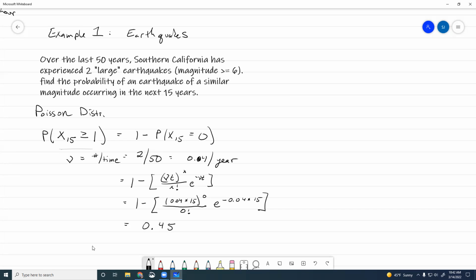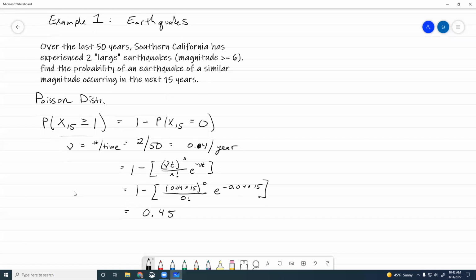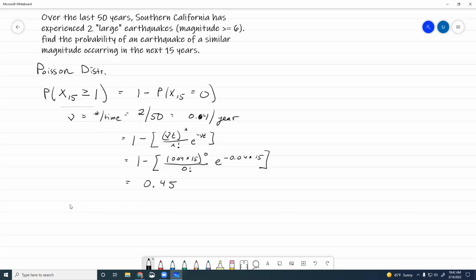But the formulation of this statement is very similar to the binomial distribution, so we can also do this if we treat each year as a binomial trial. But we're going to get a slightly different answer. For the binomial distribution, we need to know n and p. That's the probability that X equals x given n and p.